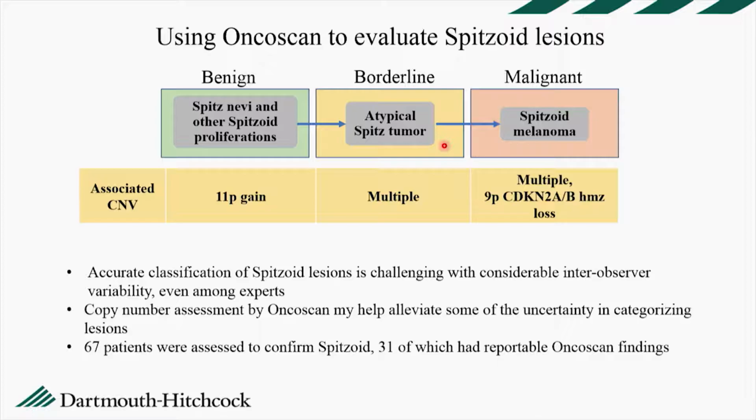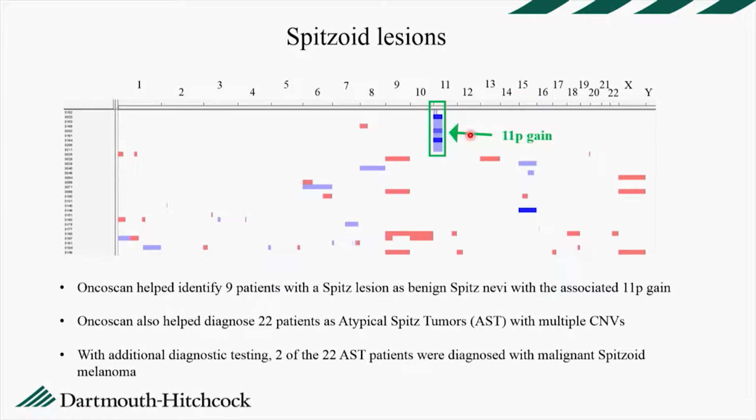Within our cohort of cases, 67 of them were assessed to confirm Spitzoid, 31 of which actually had reportable Oncoscan findings. So this graphic shows the 31 patients diagnosed as Spitzoid lesion with reportable CNVs.